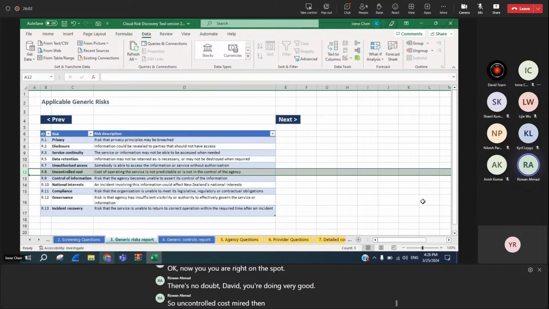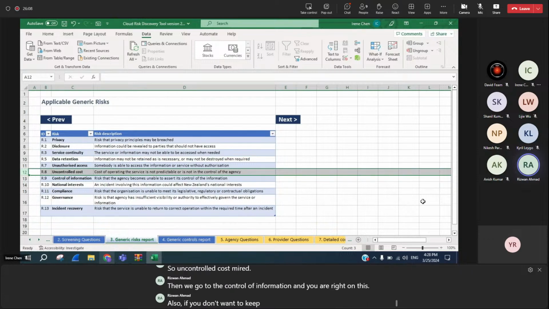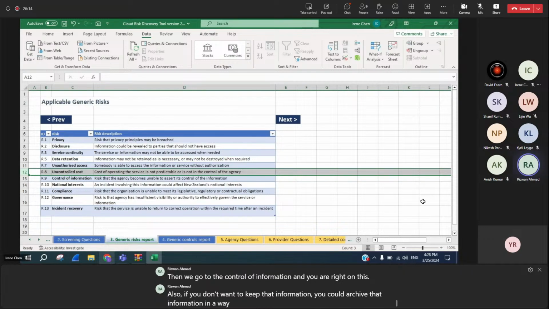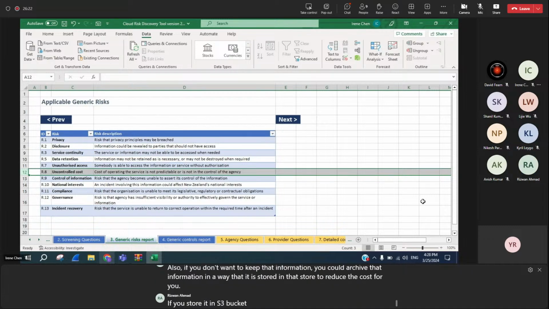Then we go to the control of information, and you are right on this also. If you don't want to keep that information, you could archive it in a way that is stored to reduce the cost for you. If you store it in S3 bucket, it will increase the cost.